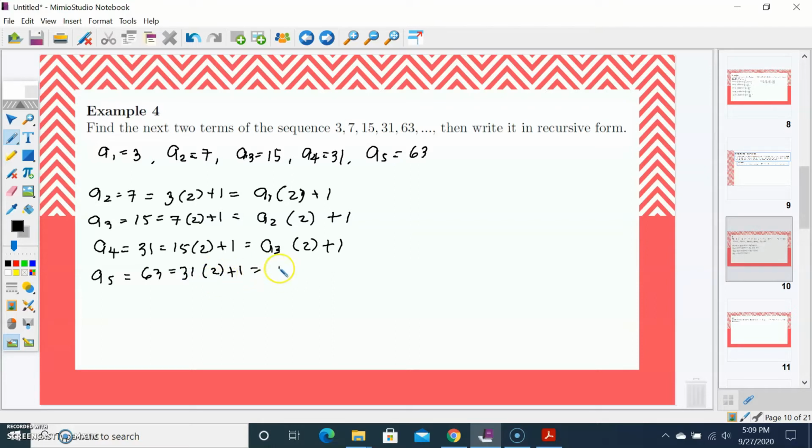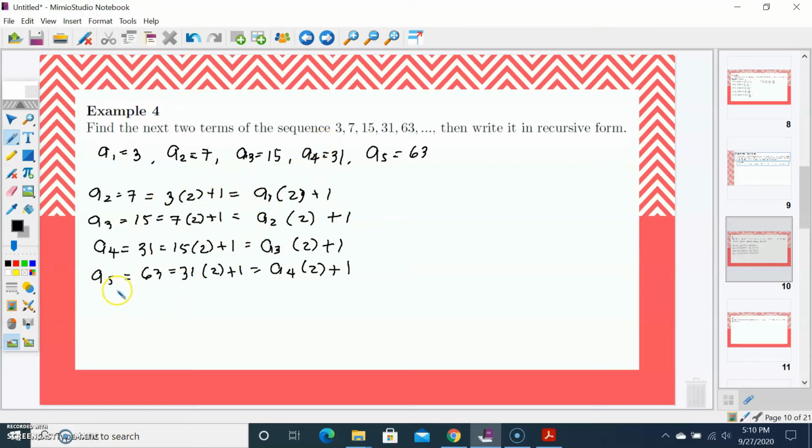And 31, as we all know, is our a sub 4, so a sub 4 times 2 plus 1. Okay? So, nakikita nyo yung pattern na para makuha mo yung susunod na term, kailangan mong i-multiply by 2 yung previous and then mag-add ka ng 1. And this is now the pattern of the sequence.